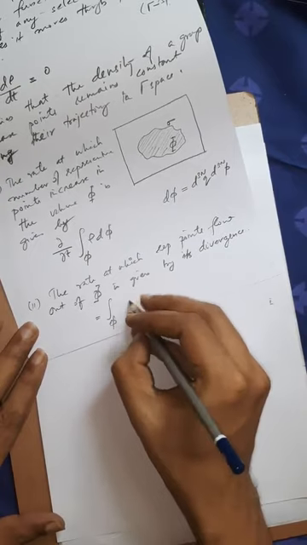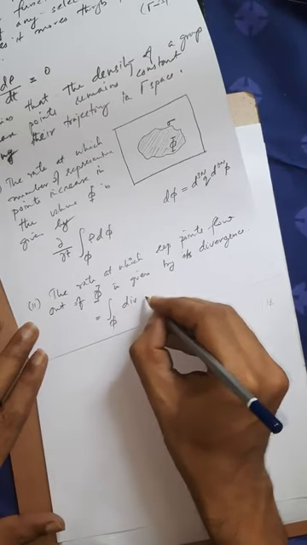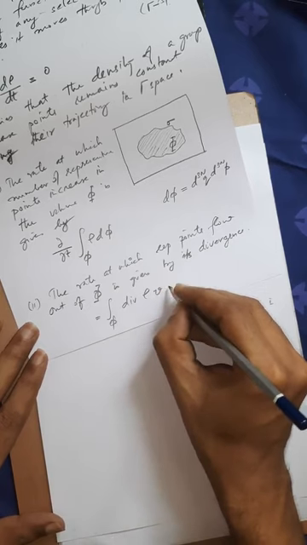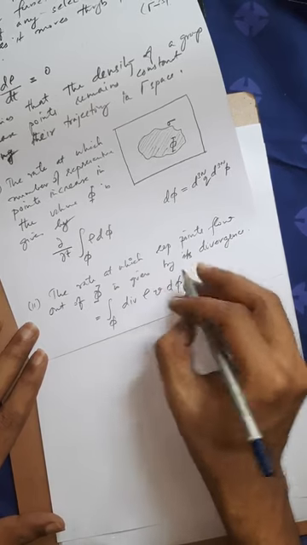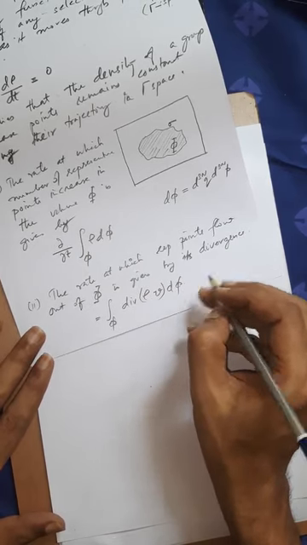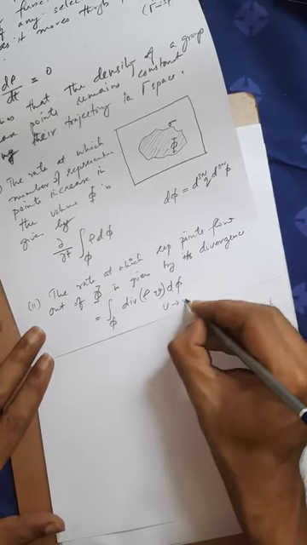Integral over phi of div of rho v d phi. So what is v? V is the velocity vector of the representative points.